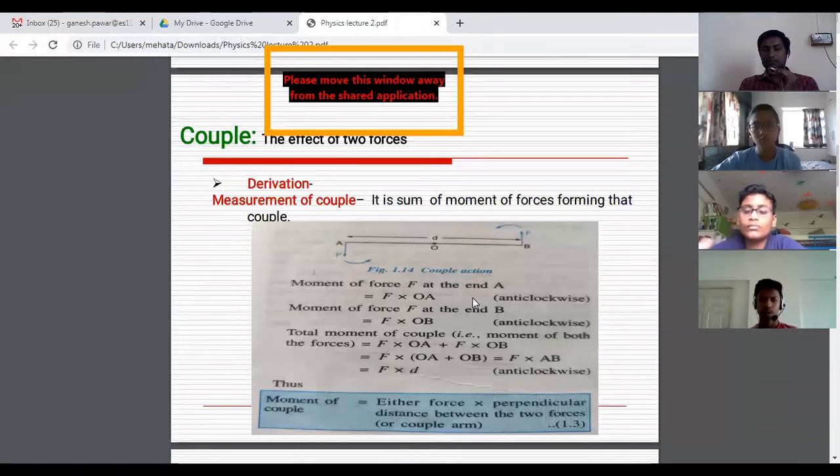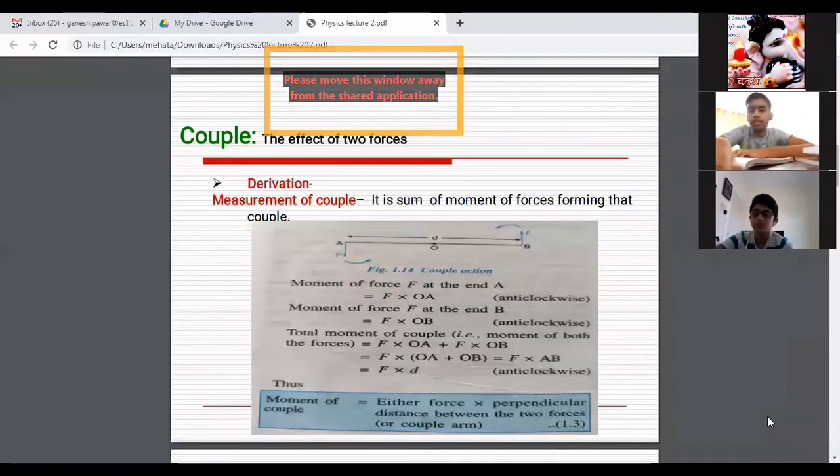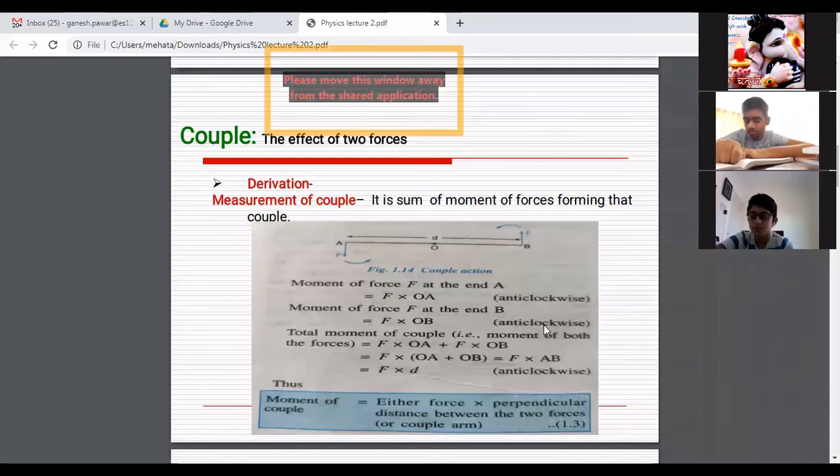Prajot? Sir, I don't remember. Rick, can you tell me the sign convention? Clockwise is negative and anti-clockwise movement is positive. Now here both the moments are anti-clockwise. So I will take both of them as positive.